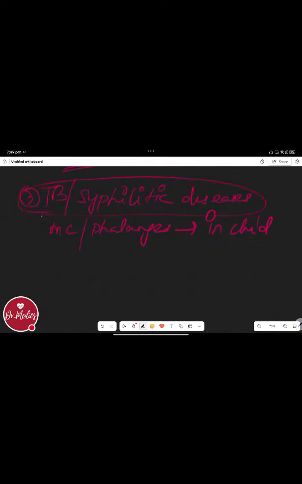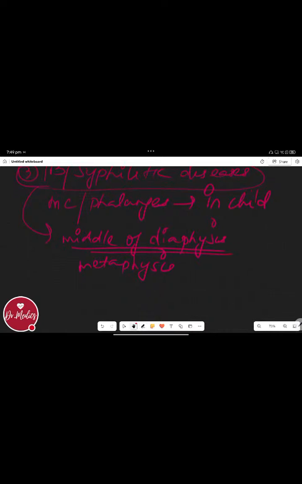These diseases affect the bone, especially in the middle of the diaphysis rather than the metaphysis. The diaphysis is affected rather than the metaphysis because the nutrient artery breaks up into a plexus, which immediately reaches the medullary cavity.